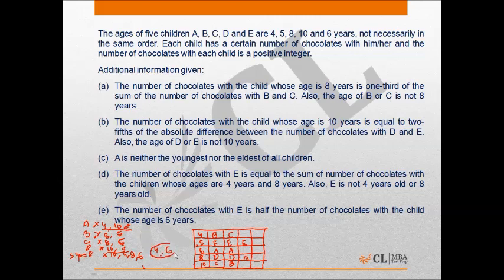So consider when D is 4 years old. In that case, B can be either 6 years or 10 years old. Consider the first one when B is 6 years old, then C has to be 10, and vice versa.